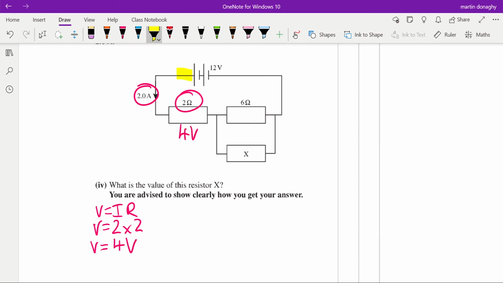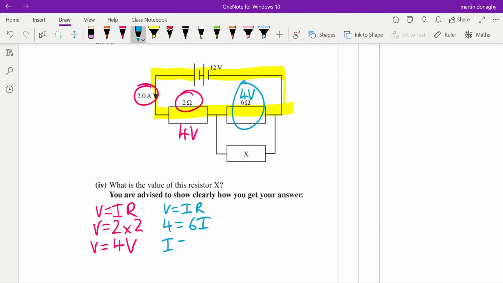Looking at this part of the circuit, in any one loop of the circuit, the voltages have to add up to give 12. So if I go around that yellow loop, I know that there has to be 4 volts across here. Therefore, I can look at this one and do V equals IR, 4 equals 6I, I equals 4 divided by 6, which is 0.667 amps, let's call it.